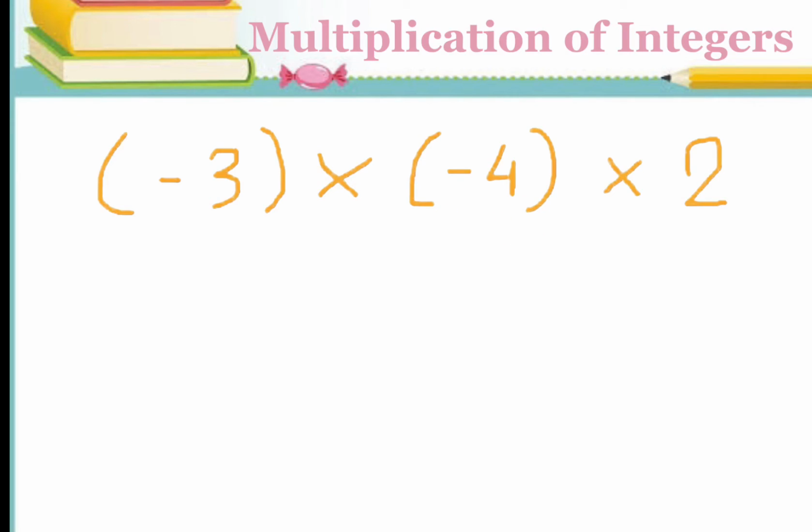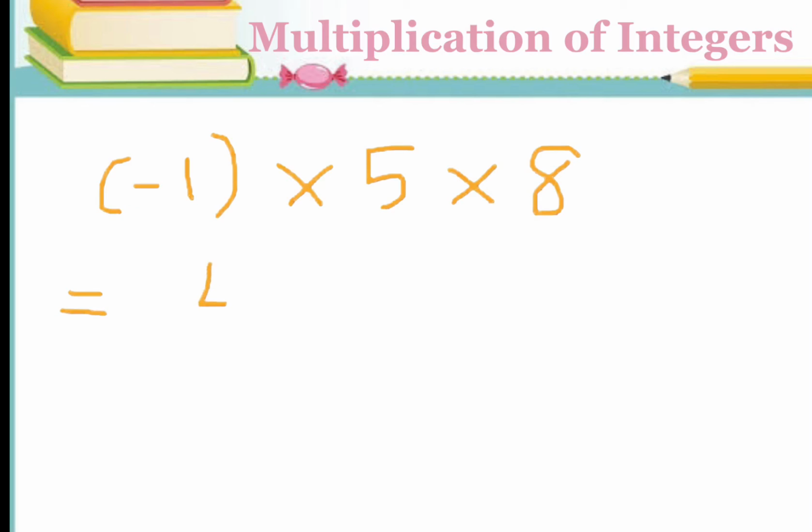And a positive integer with a positive integer is always positive, so plus with plus will be plus only. So the answer will come in positive. As we can see, 3 fours are 12 and 12 multiplied by 2 is 24. So the answer will be 24 here.